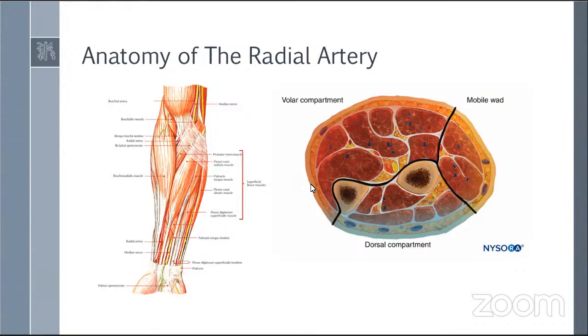It goes directly lateral and under the brachioradialis muscle, and continues under it until it's near the distal region of the forearm, where it appears and becomes more superficial. Here it is bounded laterally by the brachioradialis tendon and medially by the flexor carpi radialis tendon.